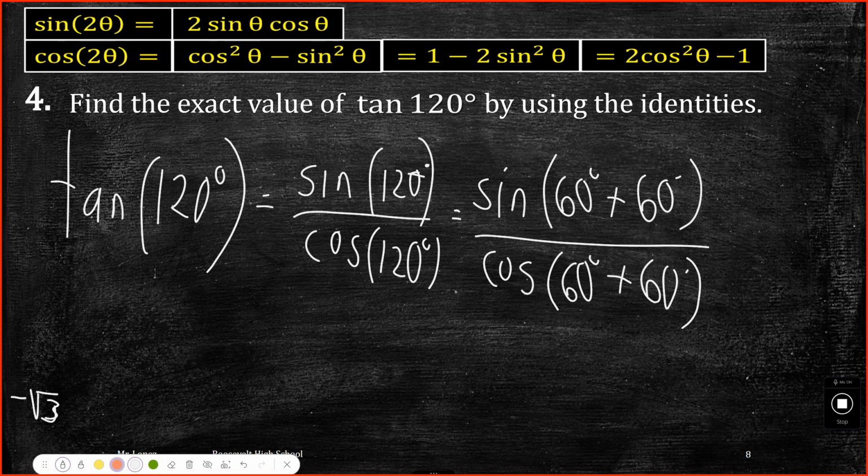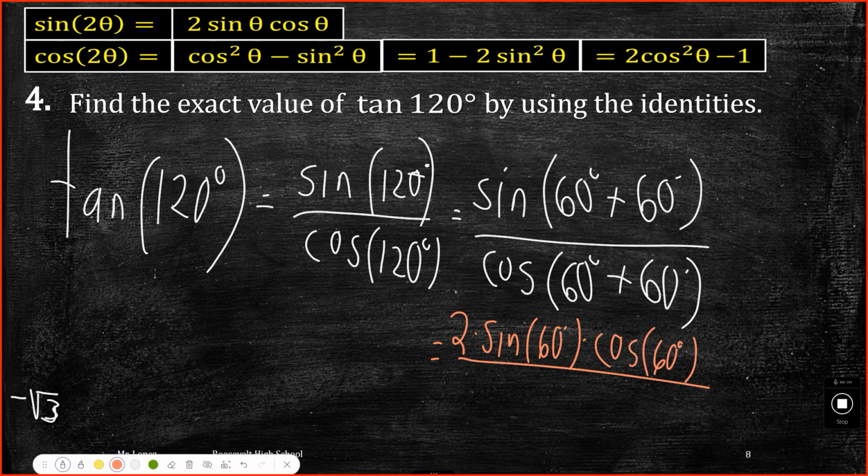So for the top, now we got sine 2 theta, which is equal to 2 times sine 60 cosine 60. Which one do you want to use here now for cosine, this one, this one, or this one?